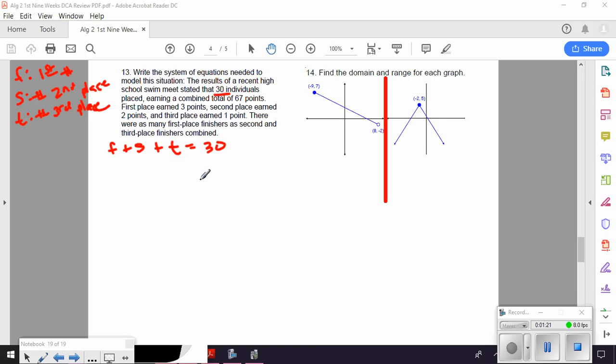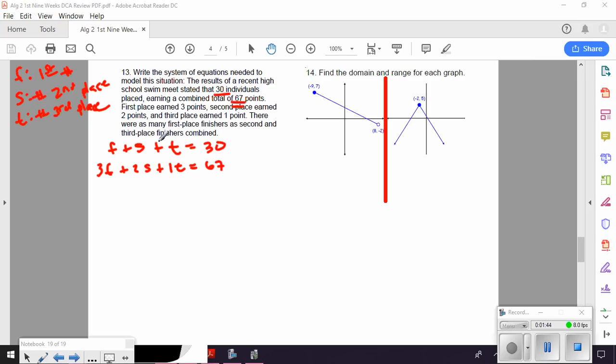It also said that to get first place you get 3 points, second is 2, third is 1, and a total of points was 67. So that means 3F plus 2S plus 1T is equal to 67.